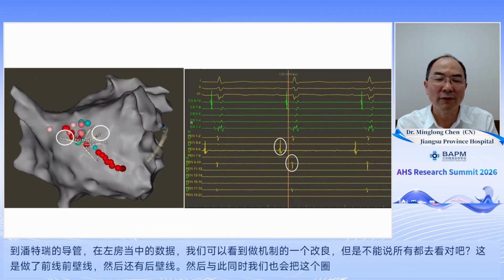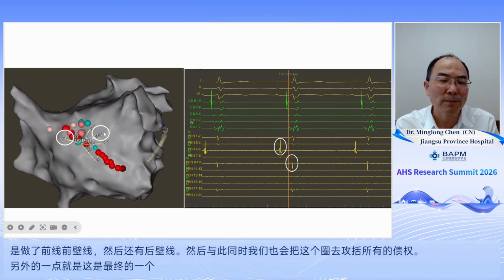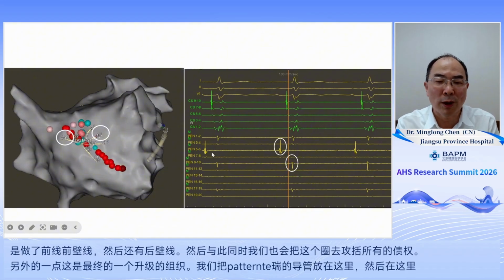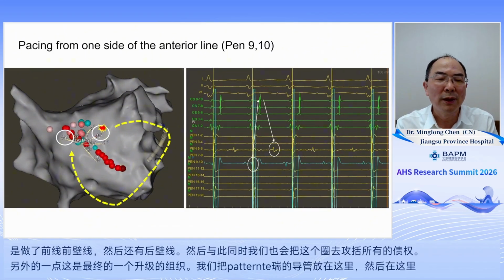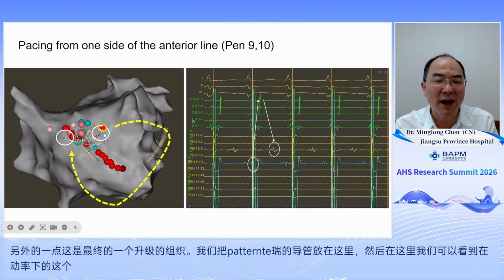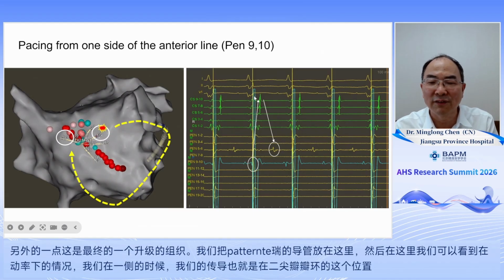And this is the final check of the linear bidirectional conduction block. We put the Pentaray astride this line, and you can see on both sides the time difference of the electrogram recorded during sinus rhythm. When you are pacing at one side, the conduction can only go around the mitral ring to the other side of this line, which takes a very long time.